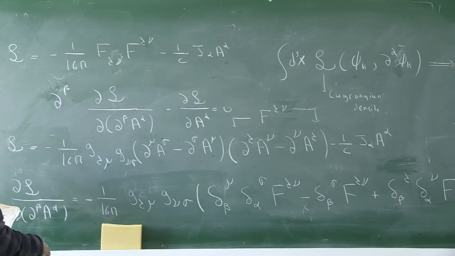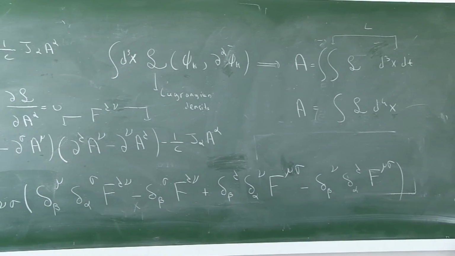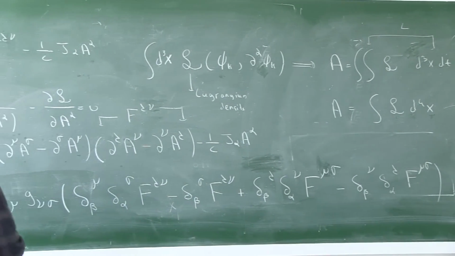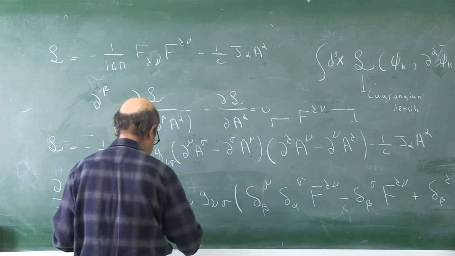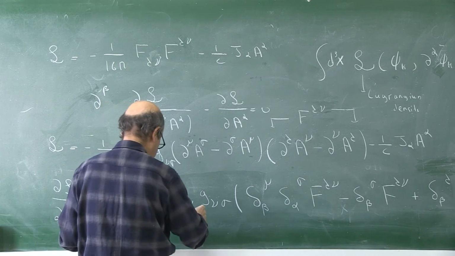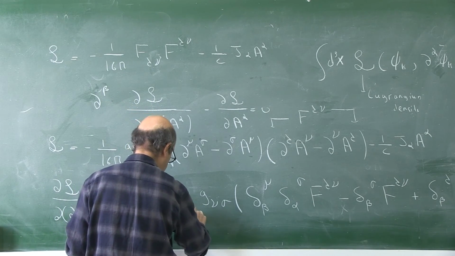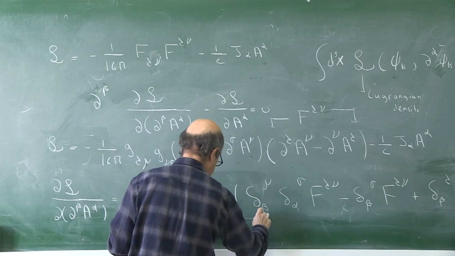So now let us try to investigate what we have found. So we have to make some work here. So let us think about the contraction of mu and this mu.